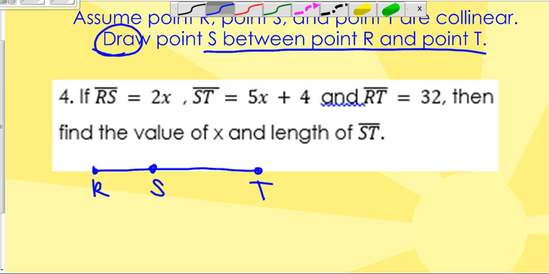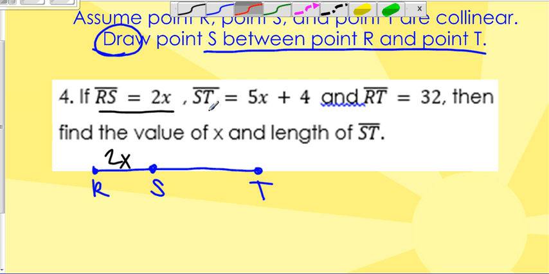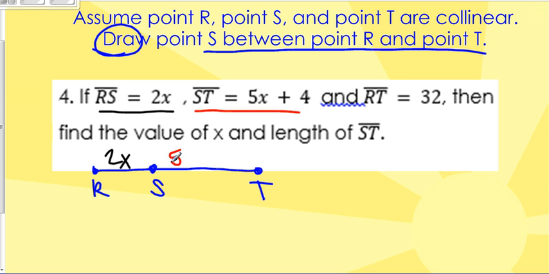And now they tell me that RS is 2x. So from R to S, I'm going to put 2x. Then they say that ST is 5x plus 4. And that RT is 32. So the whole thing is 32.